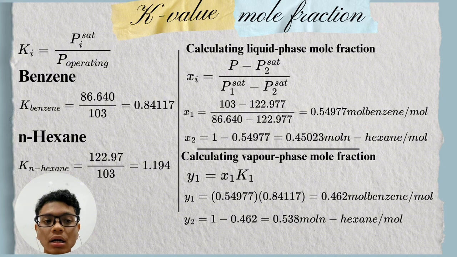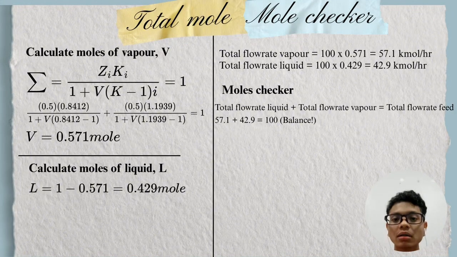After that, to find the liquid phase mole fraction, just substitute the desired values into the formula, and we can get the value for benzene and also n-Hexane. And lastly, for the vapor mole fraction, just multiply the mole fraction with the K value, then we can get the value for benzene and also for n-Hexane. Next, to find the mole of vapor, it's very simple.